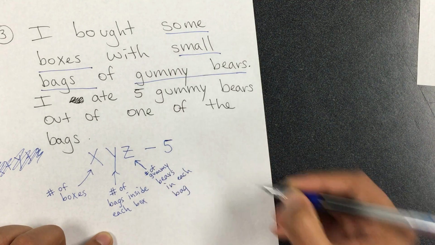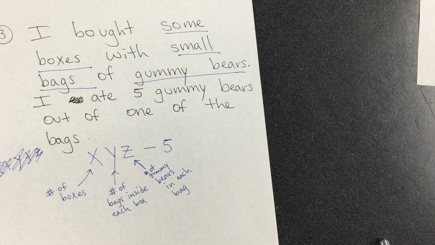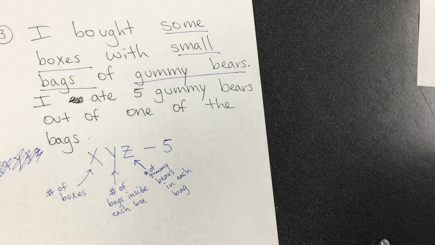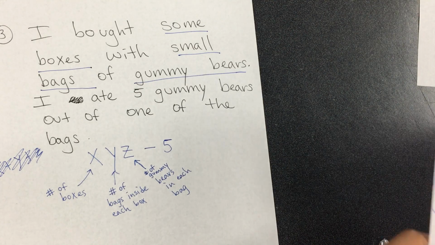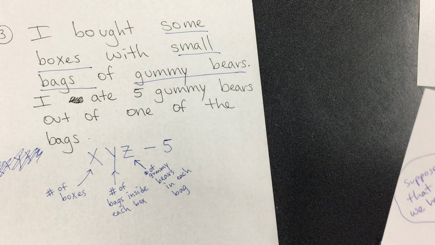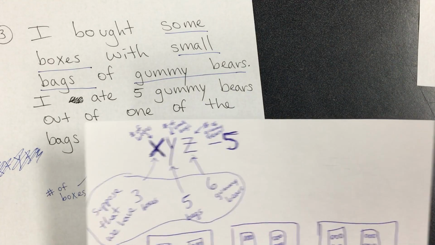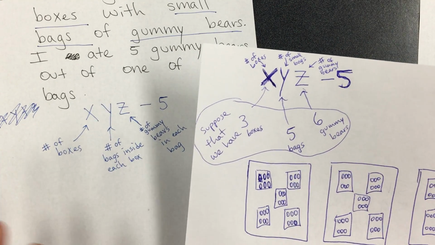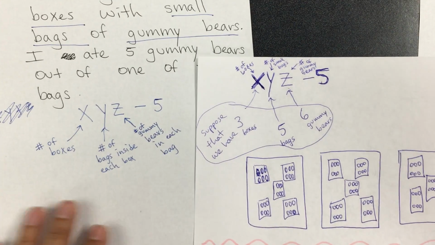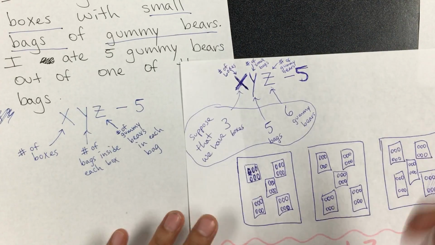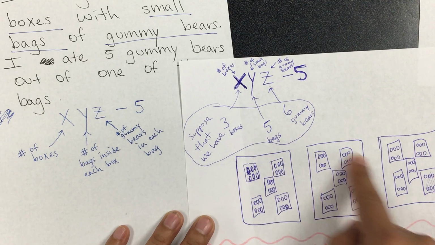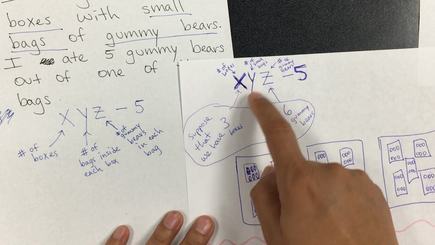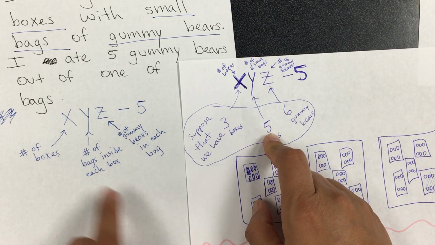Okay, so let me show you a drawing, and this is just an example that I did before, and I was actually just giving some values. Let's pretend that I know that there are 3 boxes. I would draw the 3 boxes. That in each box there were 5 bags.